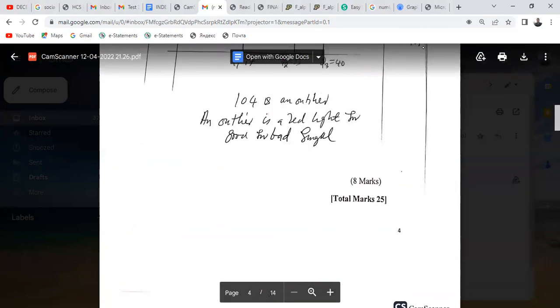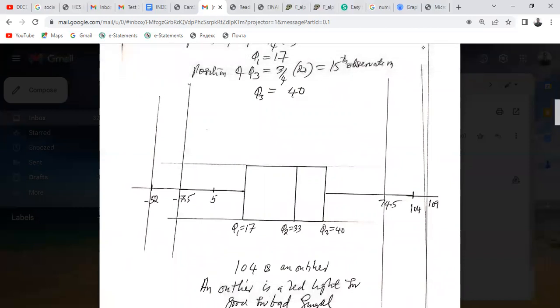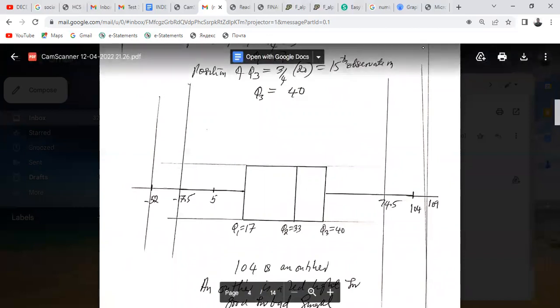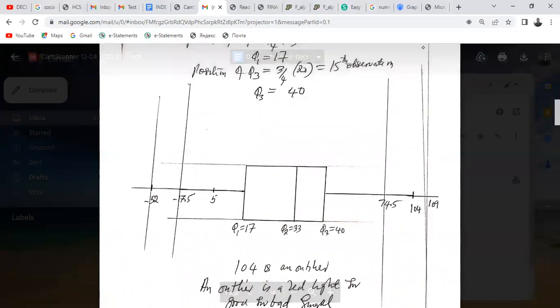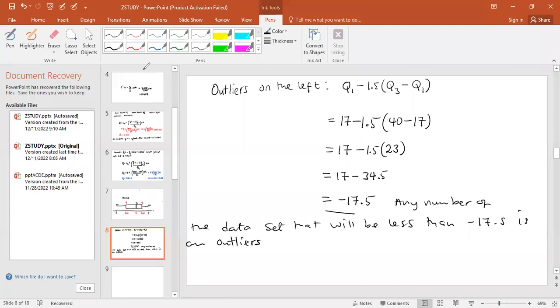So here is our 5, and we have negative 17.5 as our guideline for outliers. If we had any number on the data set less than that, it would be an outlier on the left. So we can conclude that there are no outliers on the left.